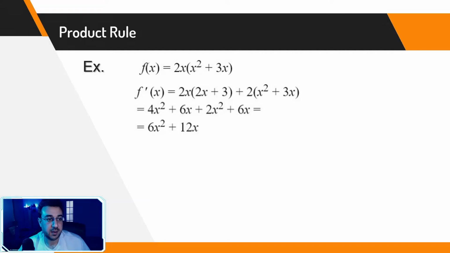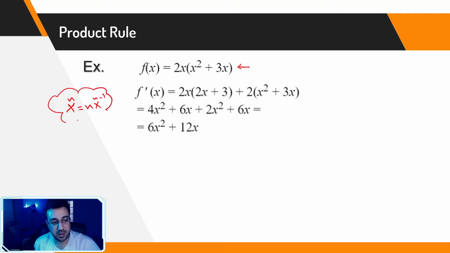Let's move on. Let's say you have a function that's written this way. F of x equals 2x multiplied by x squared plus 3x. I don't prefer to take those as a product example because there is a way around it. Remember this rule? You have x to the power of n. If you need to take the prime for that, it equals n multiplied by x to the power of n minus 1.